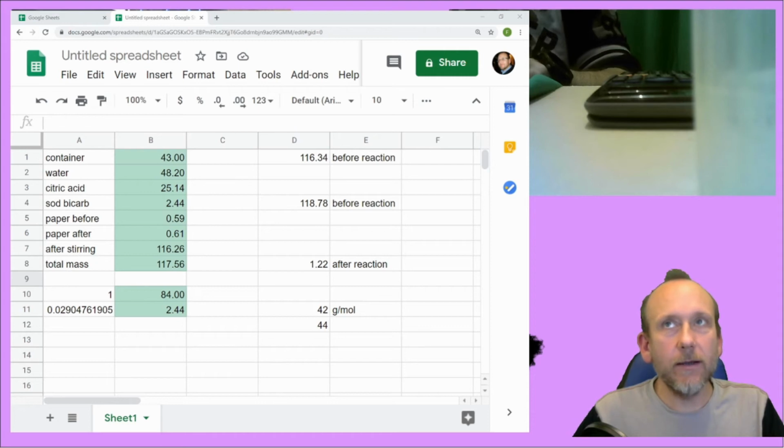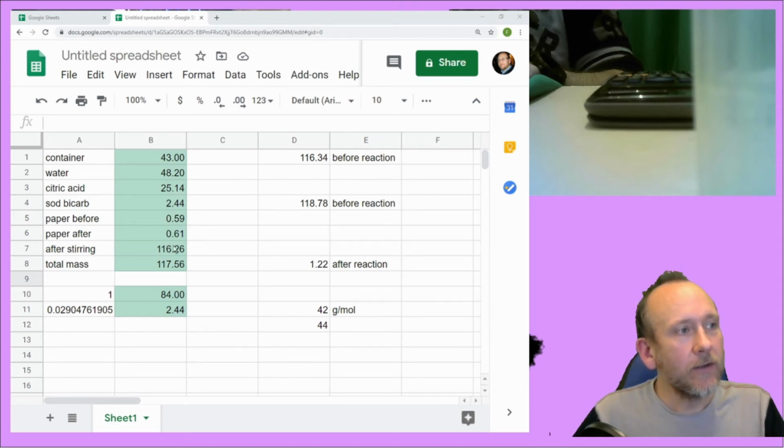Okay, I've put the numbers in a spreadsheet, and I'll talk you through it quite quickly. So the container of the water and the citric acid should have come to 116.34 before the reaction. I did reweigh it, however, because I felt that the stirrer I used might have sprinkled some water out, or it was lost with the stirrer, demonstrating that magnetic stirrers are far superior.